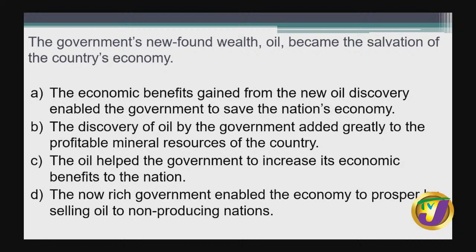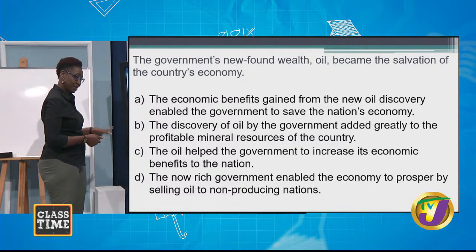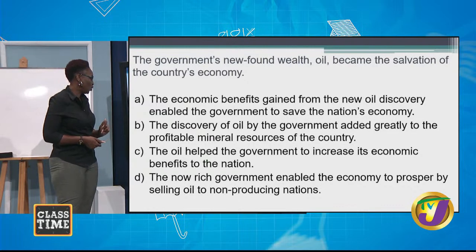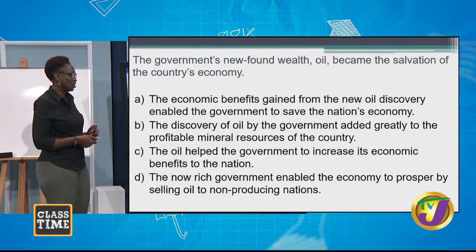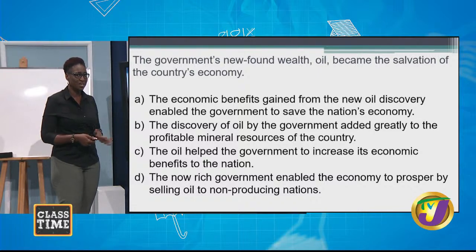The discovery of oil by the government added greatly to the profitable mineral resources of the country. That one looks good too. Let's look at the other one. The oil helped the government to increase its economic benefits to the nation. Also looks good. Let's look at the last one. The now rich government enabled the economy to prosper by selling oil to non-producing nations.